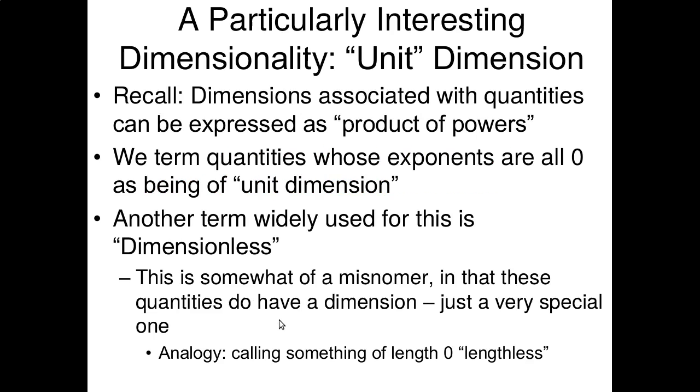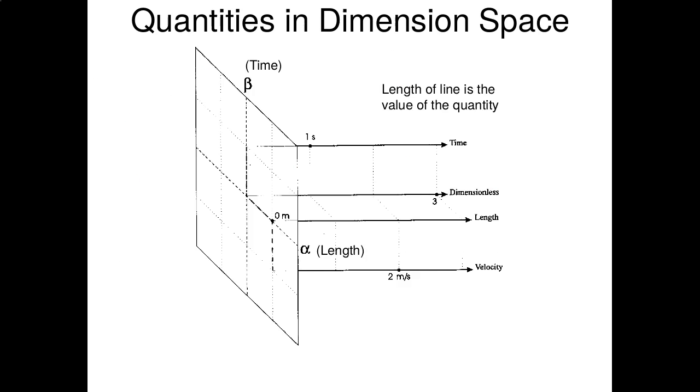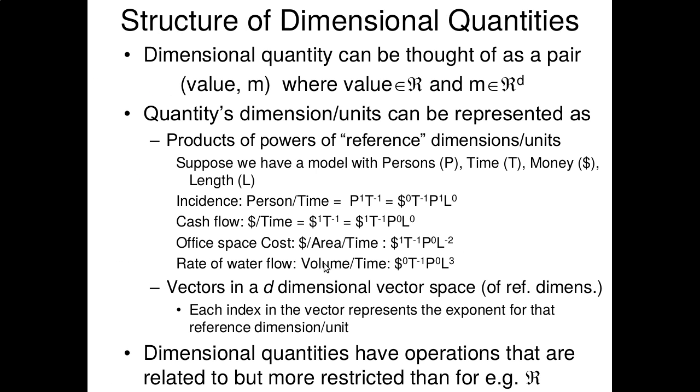So with dimensionless quantities, what we have is quantities that can be expressed as a product of dimensions whose exponent is purely 0. Over here we saw this set of quantities. But if we're thinking about a probability, it would have, for example, all of these exponents be 0.